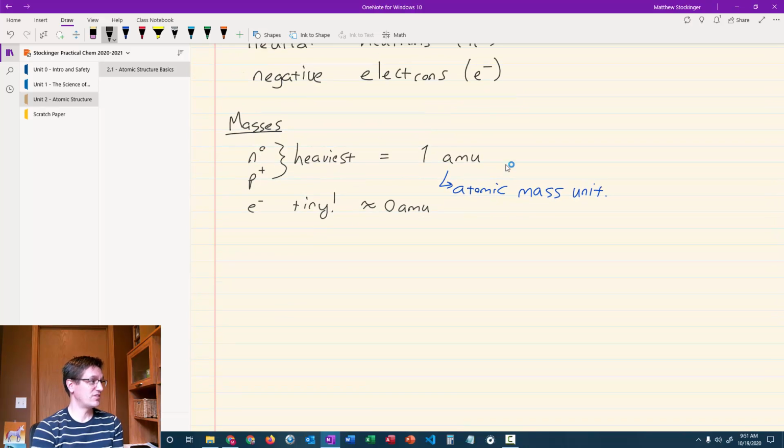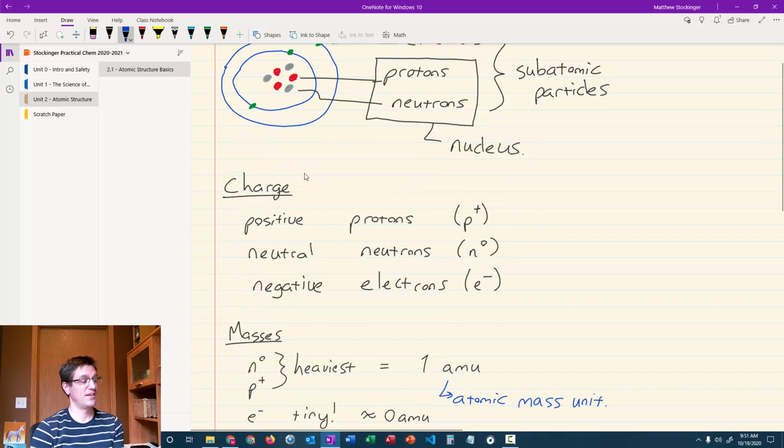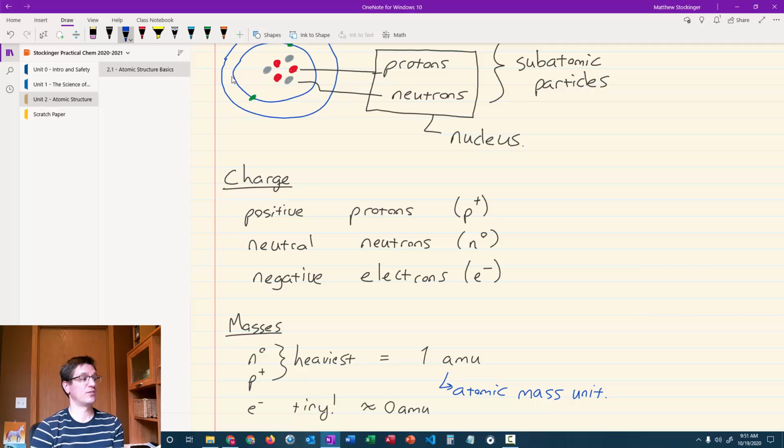So for example, we have our lithium atom above, and we want to know the mass of this atom. Well, if we add up the masses of all the particles inside, that will give us the mass of the whole thing. The electrons we just decided were 0, so I'm not going to count those.